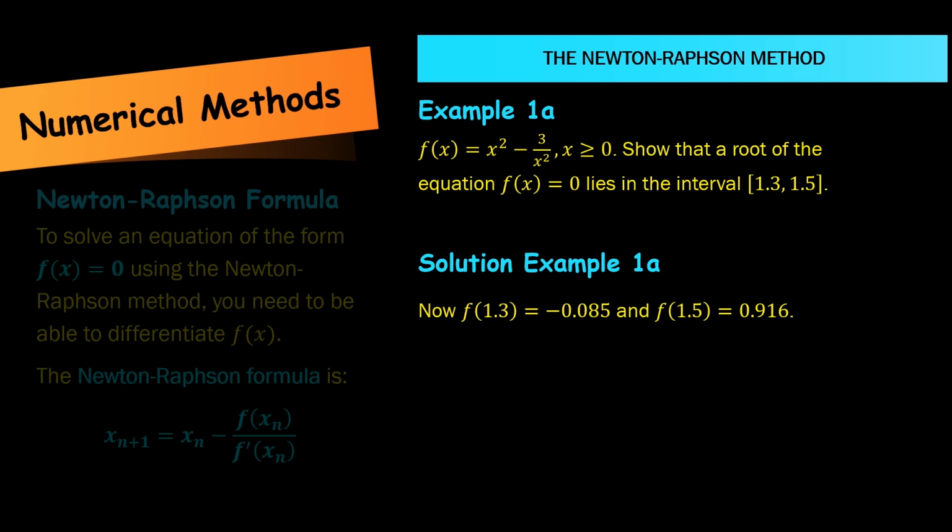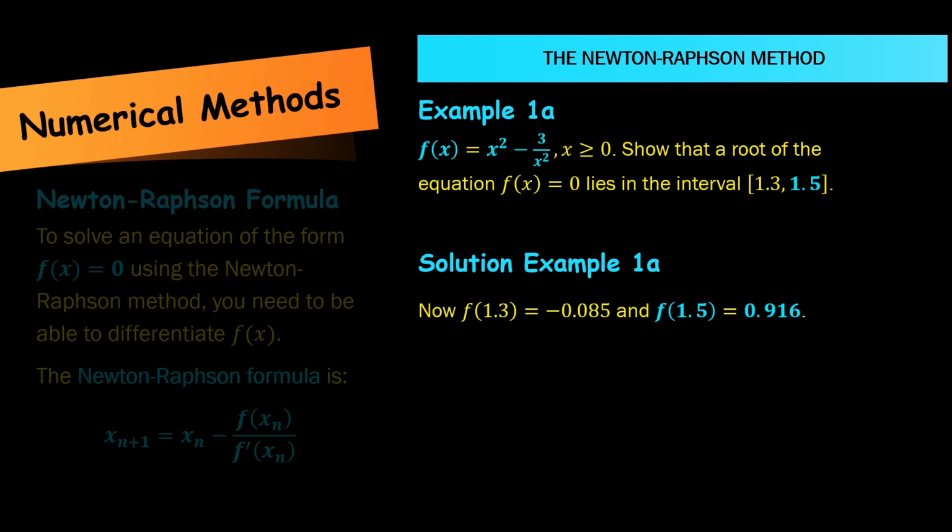So let's solve this. First consider the point x equals 1.3. If we plug this into our equation for f of x, we obtain f of 1.3 equals minus 0.085.